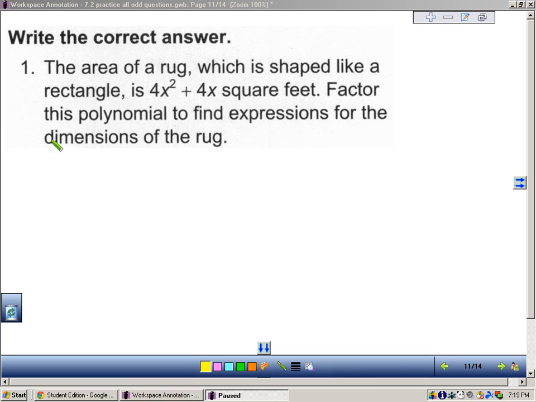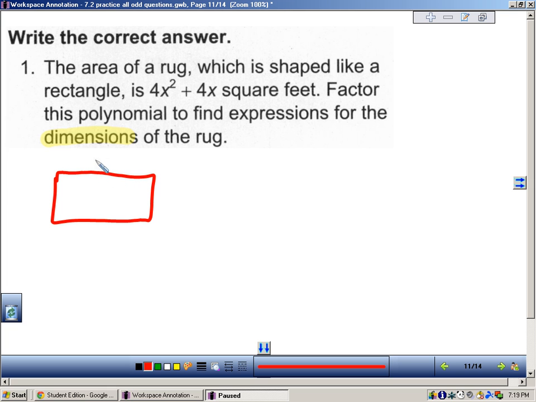When we talk about dimensions of a rug, that's a rectangle. What we're talking about is a rectangle with its length and width. The length and width are the dimensions, and that's what we're trying to find. And so we know the area of this rectangle is the length times the width.